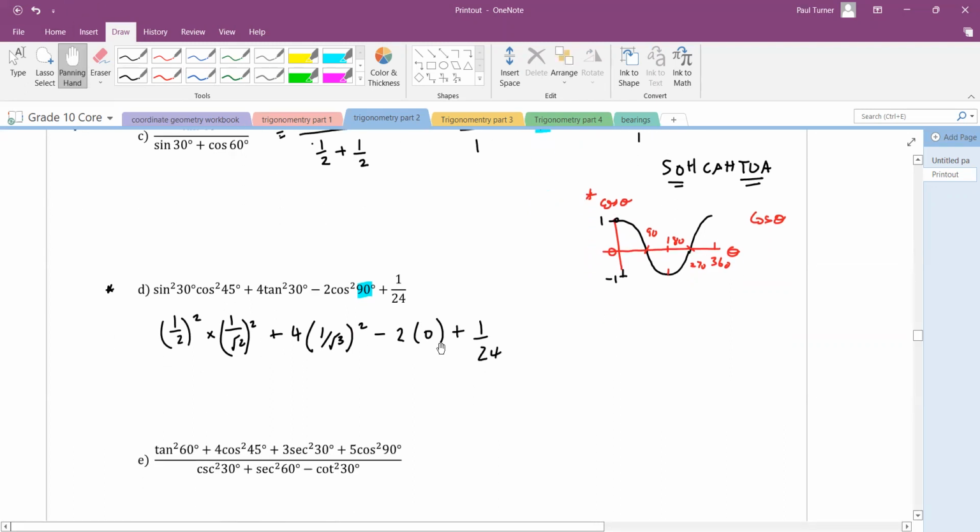So now we try to simplify this. I know most of you probably use a calculator, but just watch and understand. So a half times a half is a quarter, plus 1 squared is 1. Root 2 times root 2 is root 4, which is 2. So root 2 squared is 2.